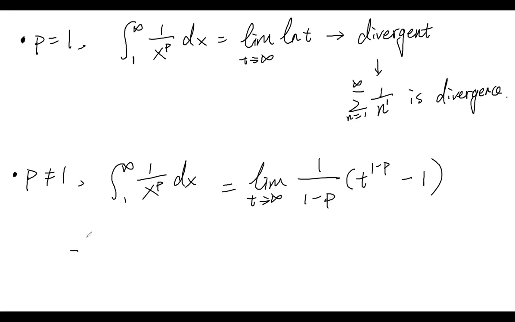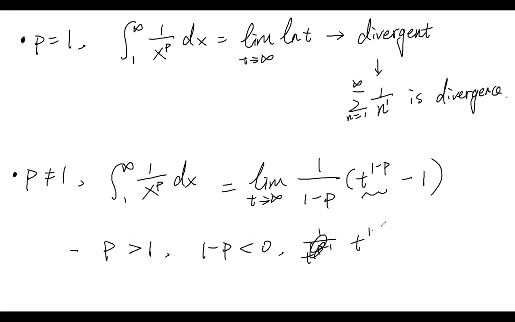The first case is when p is greater than 1. Then the power 1 minus p is less than 0. So when t goes to infinity, infinity to a negative power is 0.